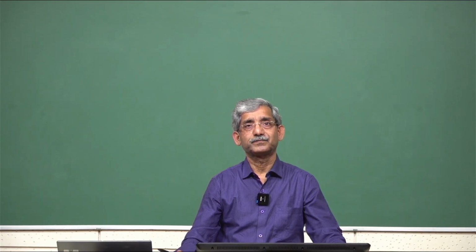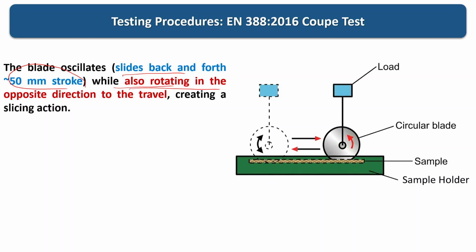The rotating direction will be opposite to the direction of travel. Now, we can see here that this rotation is changing. Suppose the load with the circular blade is moving from right to left, it will rotate in the clockwise direction so that there will be cutting action.